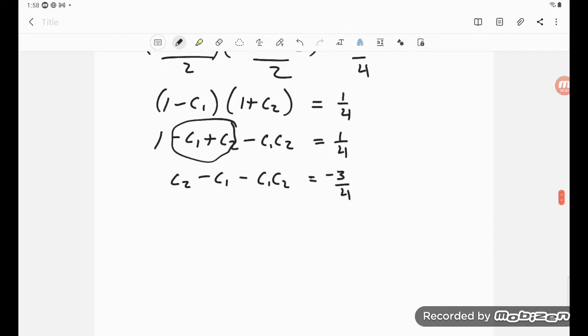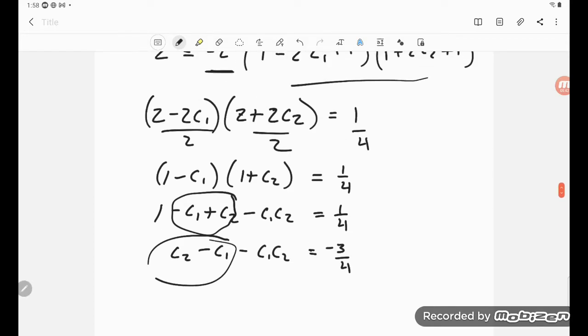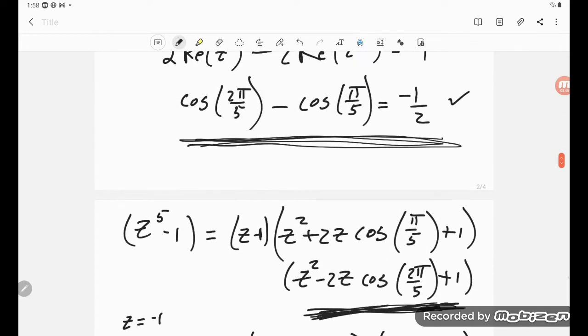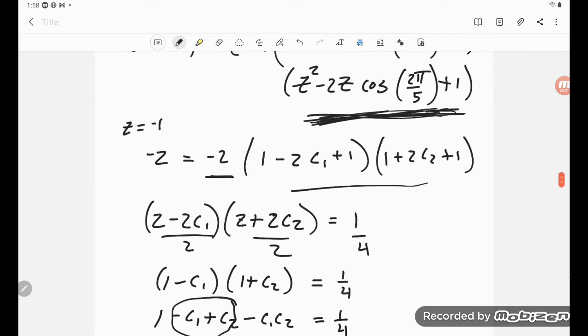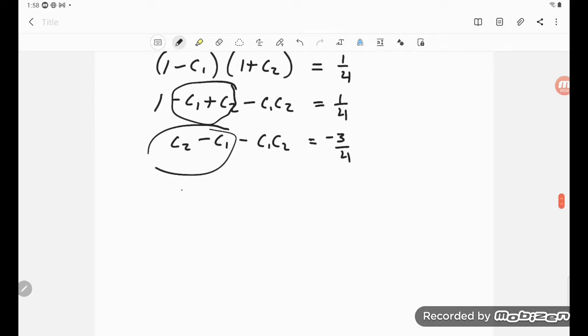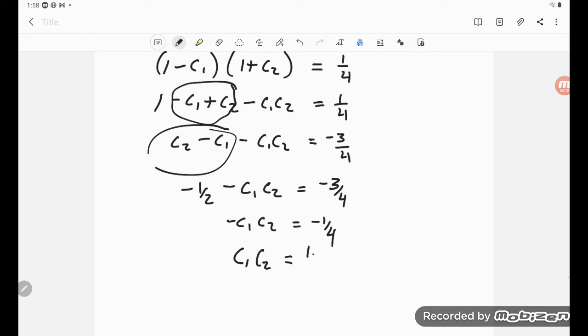And now, this part here is actually what I did back here. So see, there's the C2 minus the C1, so I know that that's negative 1/2. So this is negative 1/2 minus C1, C2 is equal to negative 3/4. Well, so I add a half to both sides, and I get negative C1, C2 is equal to negative 1/4, or C1, C2 is equal to 1/4.